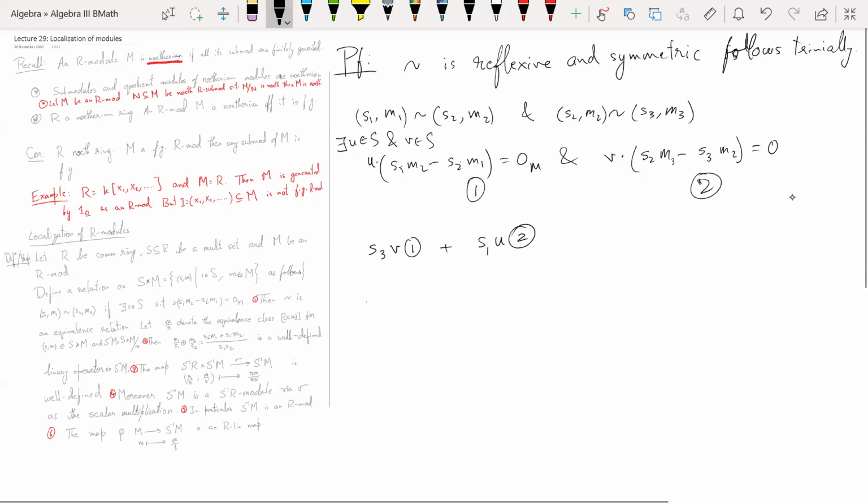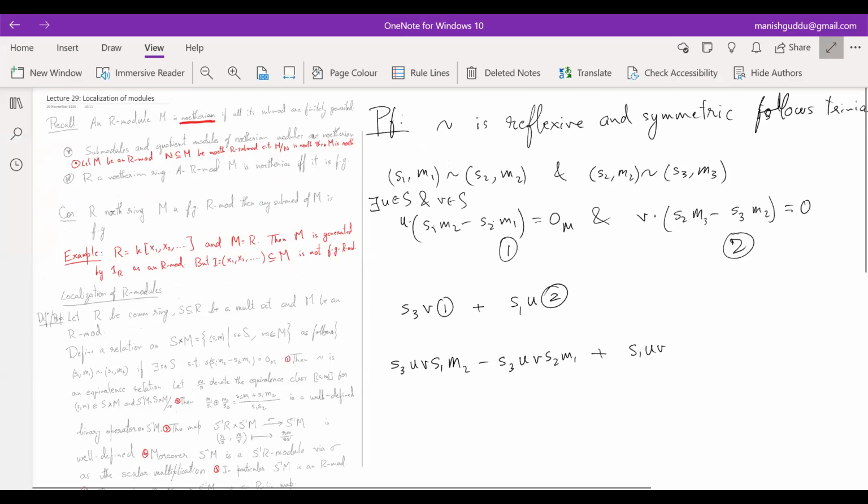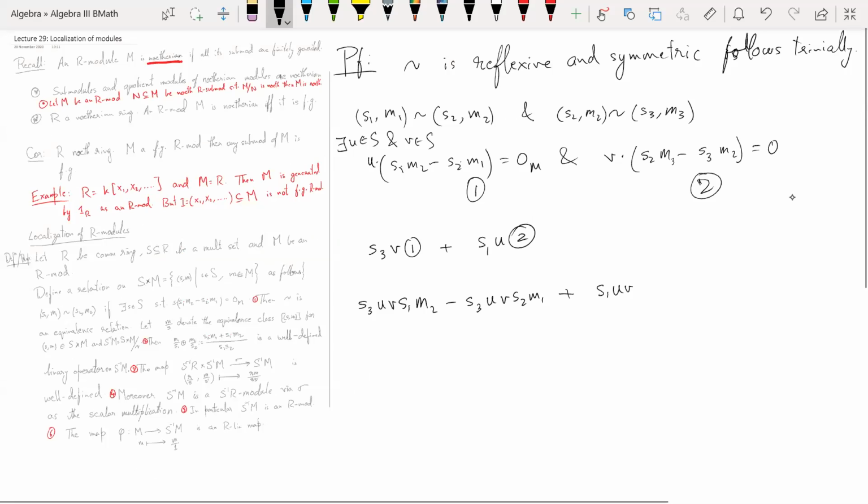So what you get is S3UV S1 M2 minus S3UV S2 M1 plus S1UV S2 M3 minus S1UV S3 M2 is 0. That's what we get.